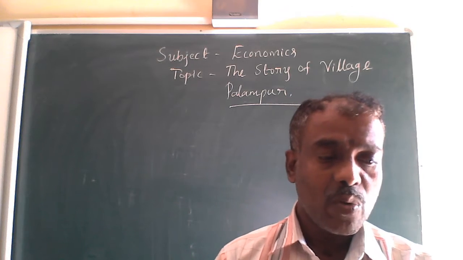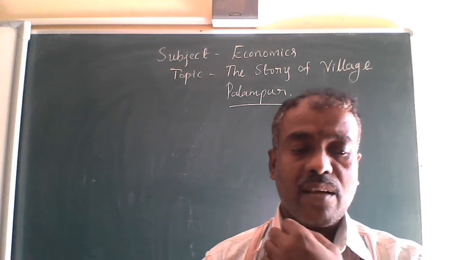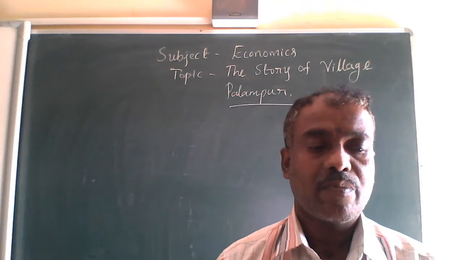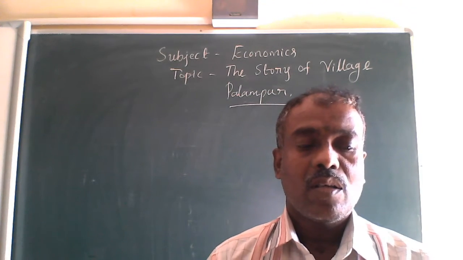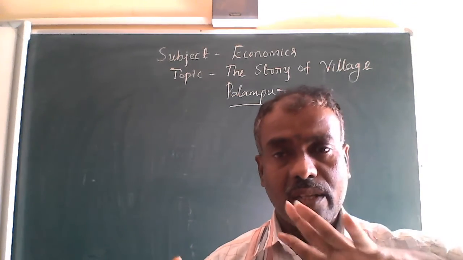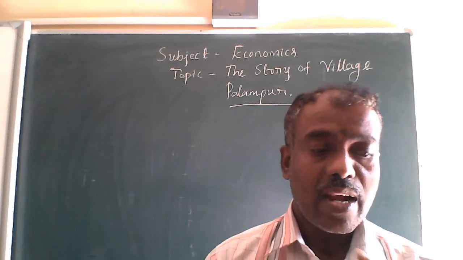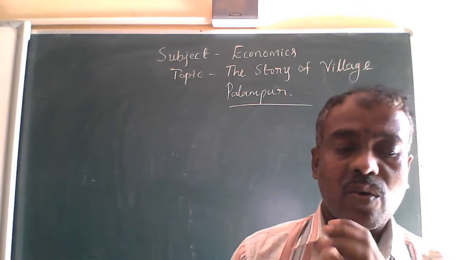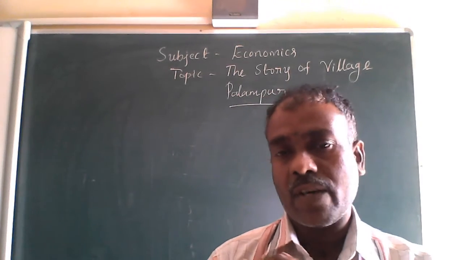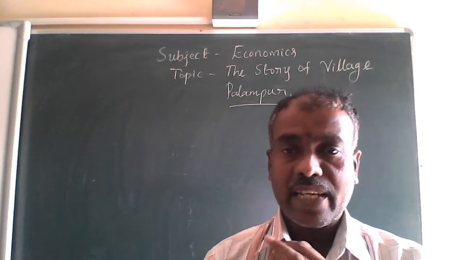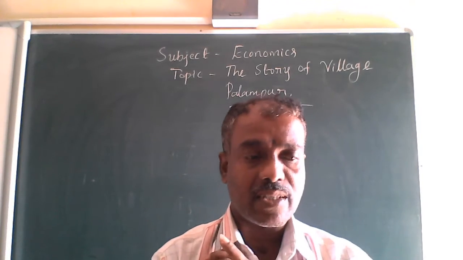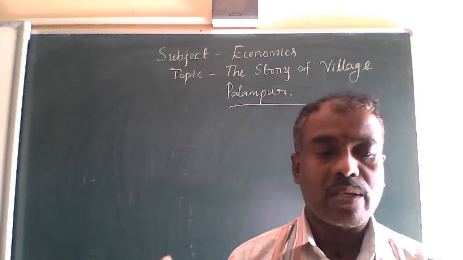So there are various types of resources, because the different activities we conduct require different things. The needs of the agriculture field, the industrial field, and the service sectors are all different.